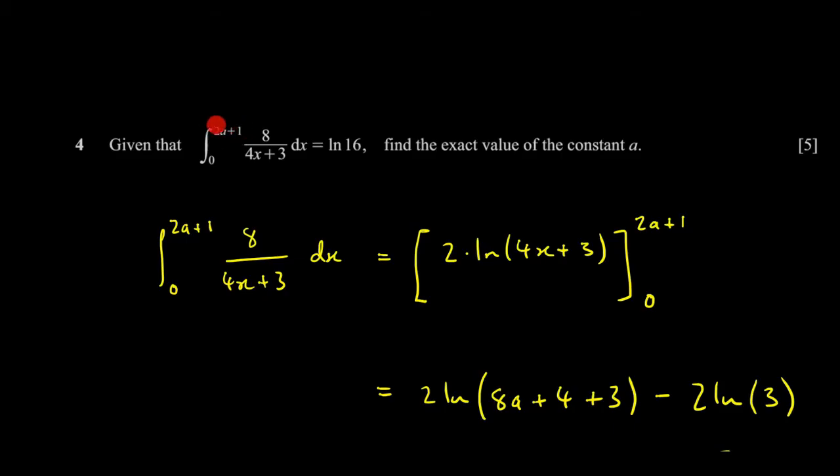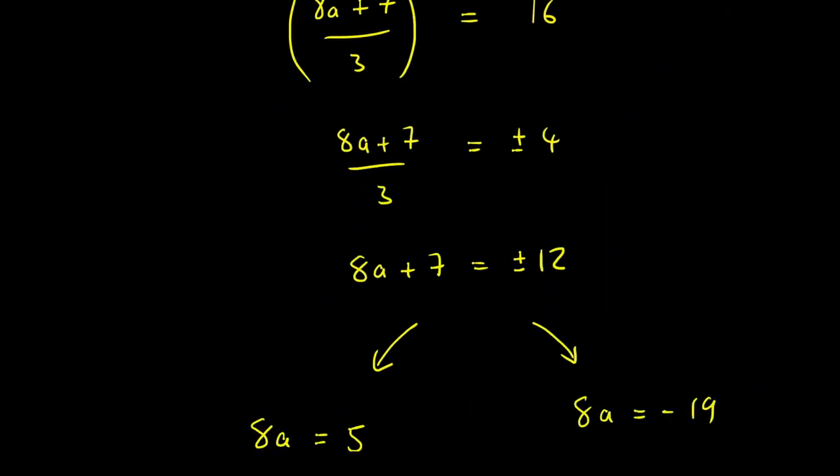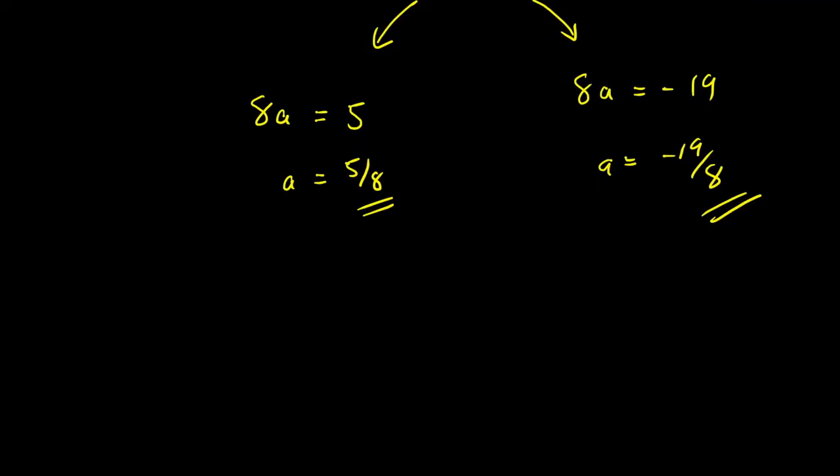So if this guy is actually lower, then that means that something's gone wrong. So we are limited to the fact that the a value must be the positive one in this case. So a is equal to 5/8. So this is excluded, so we need to write something like excluded. The only answer is going to be this guy here.